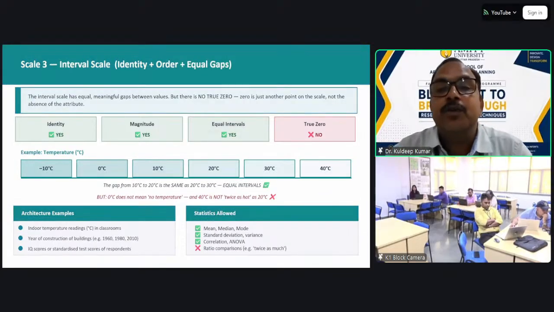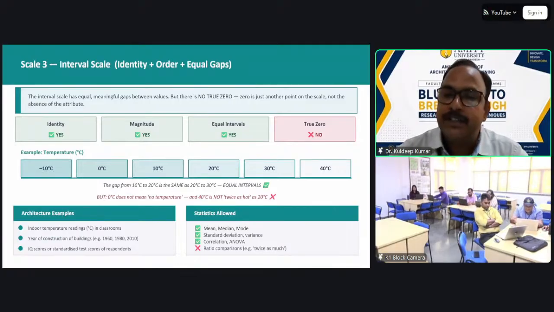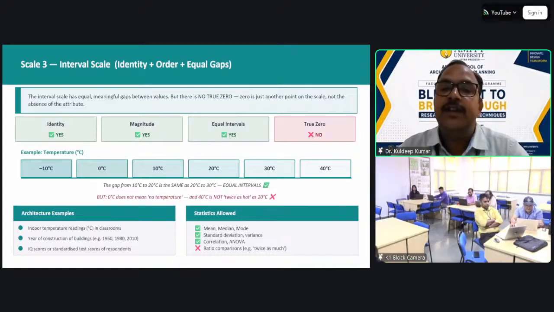Now it's coming to scale 3, that is interval. Now it is building upon the ordinal. So identity is there, order is there, now equal gaps. So the interval scale also includes equal gaps. The classic example of the interval scale is temperature in degrees Celsius, we all know. The gap between 10 degrees and 20 degrees is exactly the same as from 20 to 30 degrees, an equal interval, that is 10 degrees.